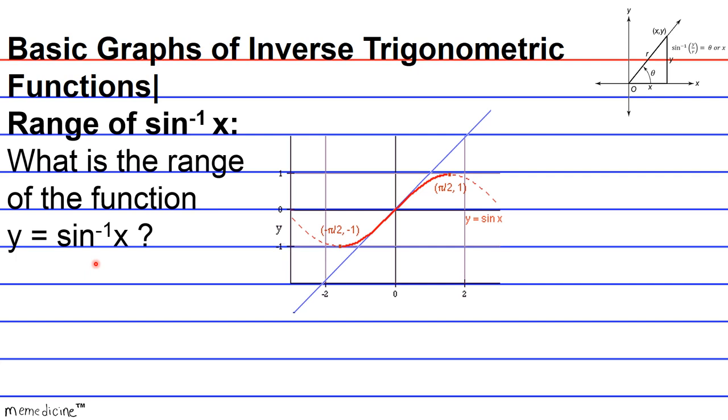Notice that when we do this, you get something that looks like this, and reflection about the line y equals x automatically switches all the x and y values.